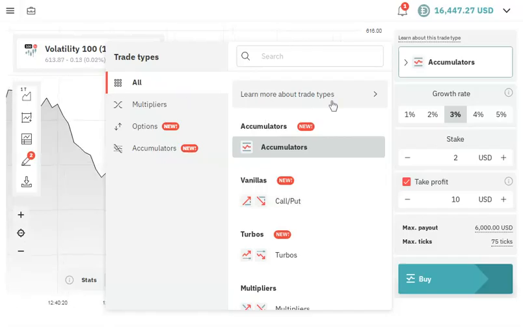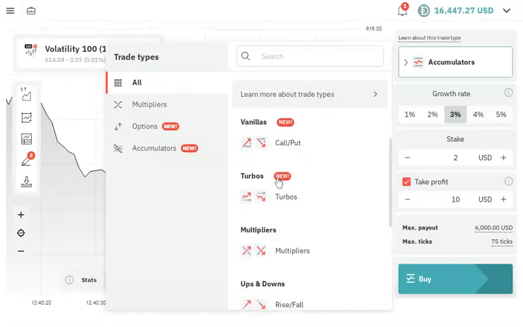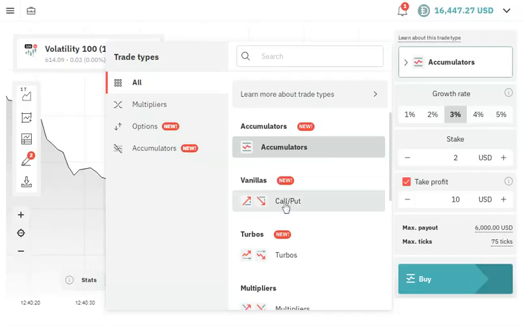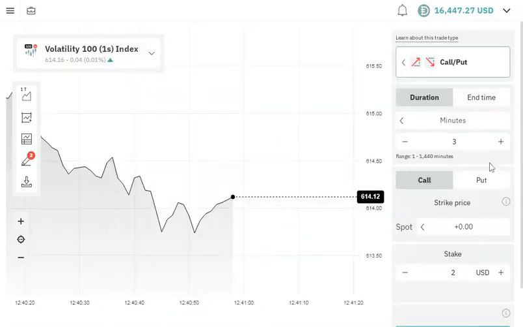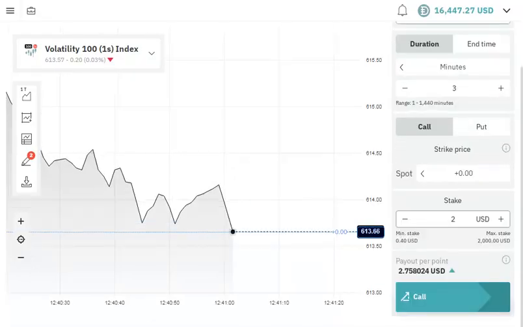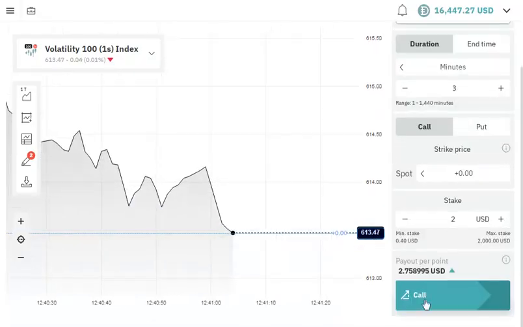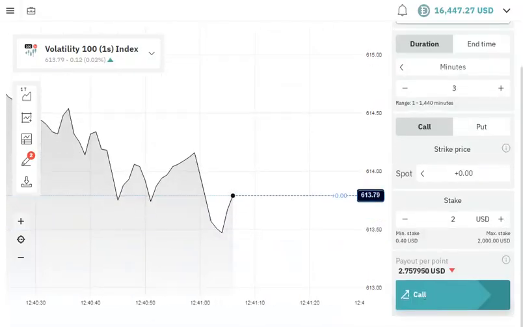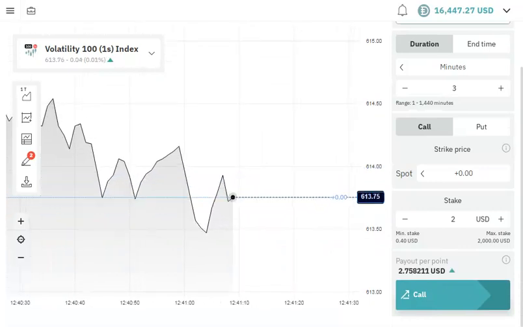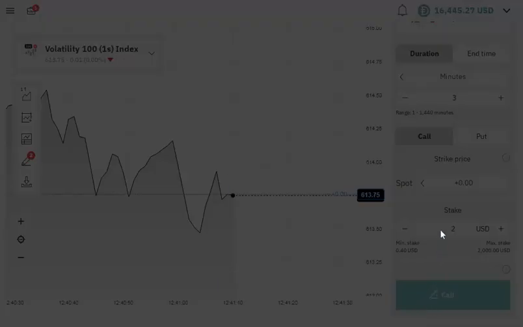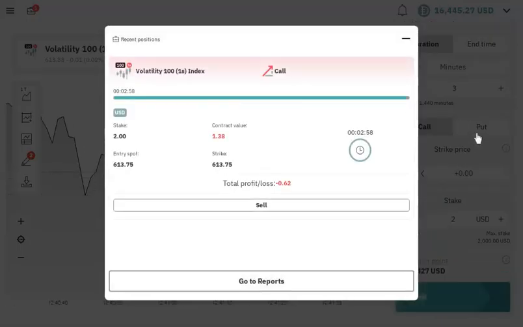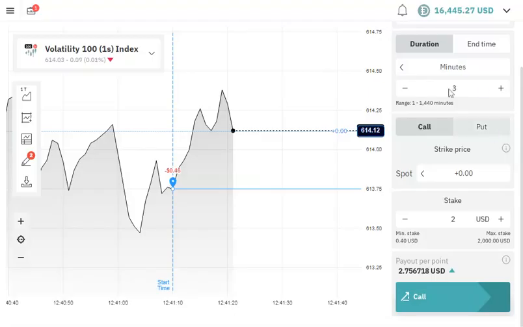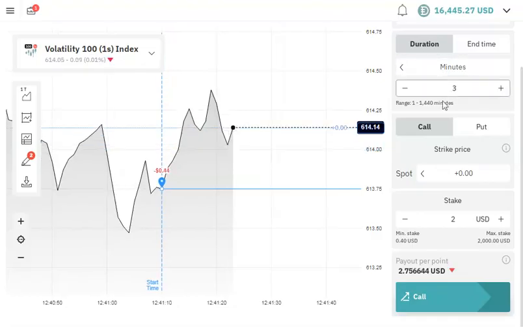Therefore we're going to another trade type, the other one which we call the vanilla. The vanilla call and put works as thus. If we call this asset, we're just going to trade it, and our stake price is 2 USD, and our strike is going to be based on how long the time goes.